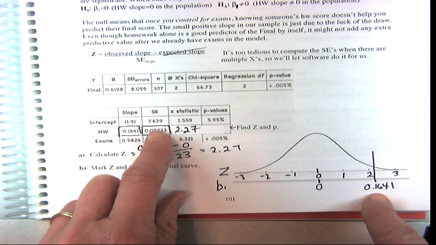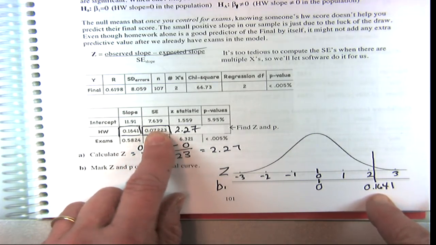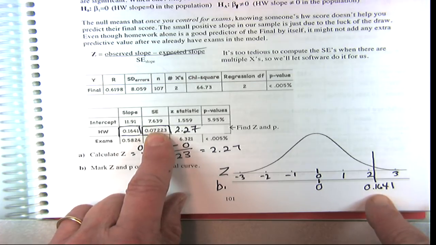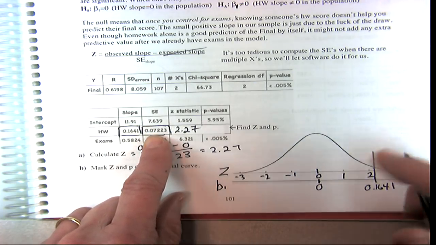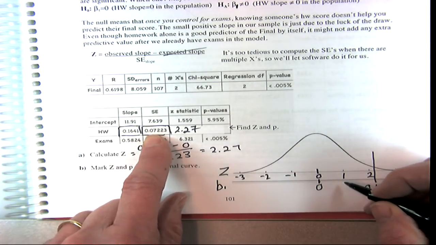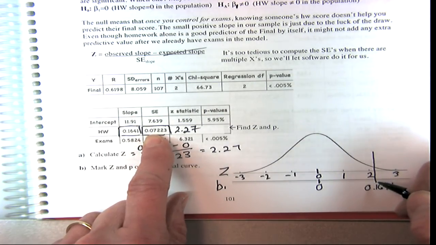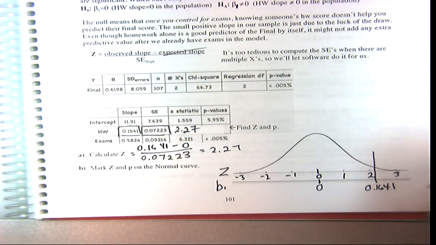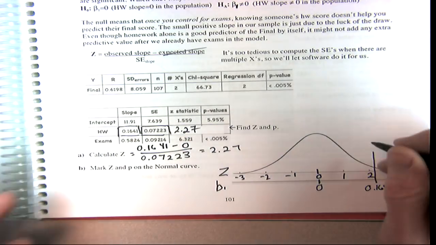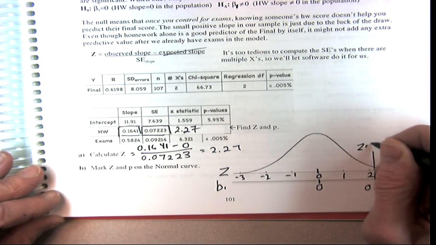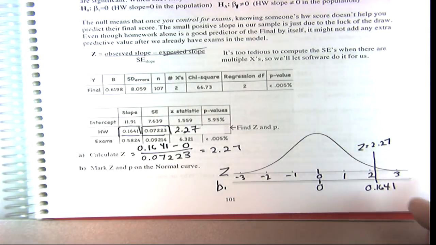It's because the standard error is so small, because we have a big sample size. One standard error matches up to 0.07, right? So this is 2.27 of those standard errors. All right, so our z statistic is 2.27.